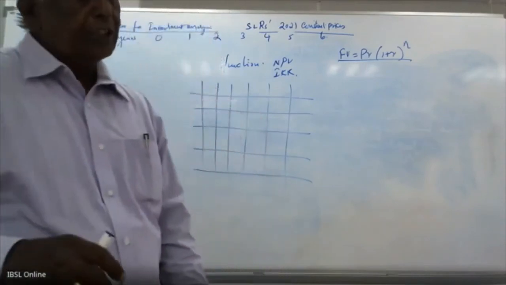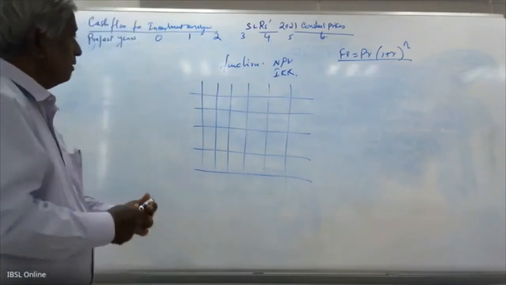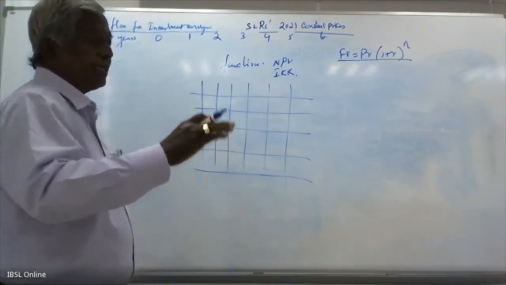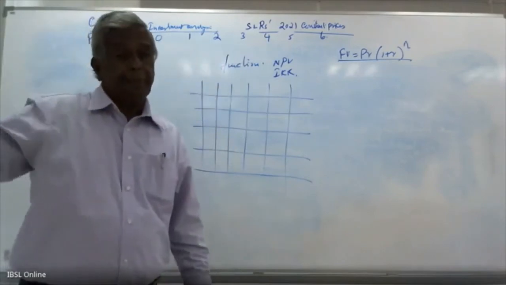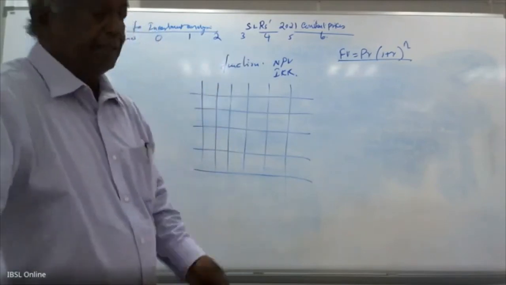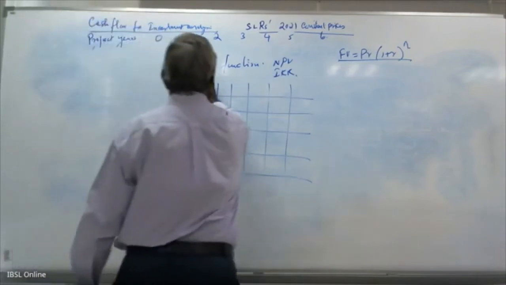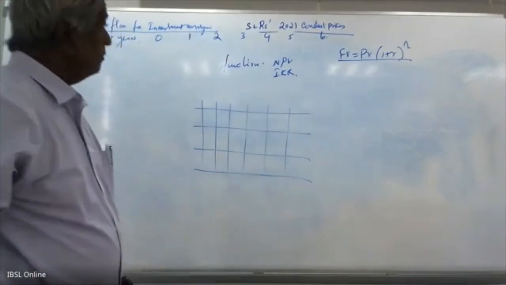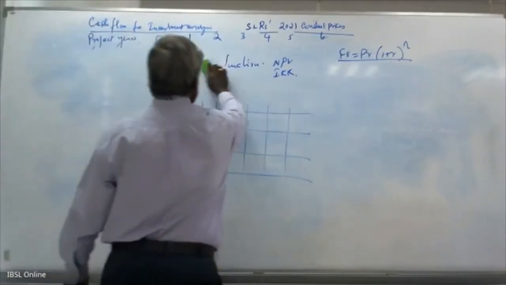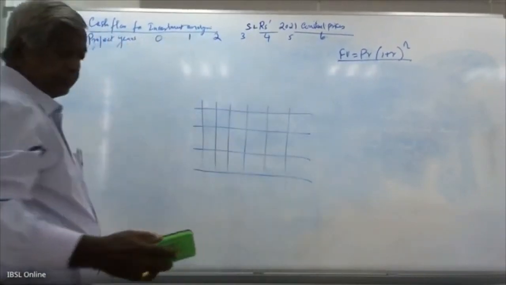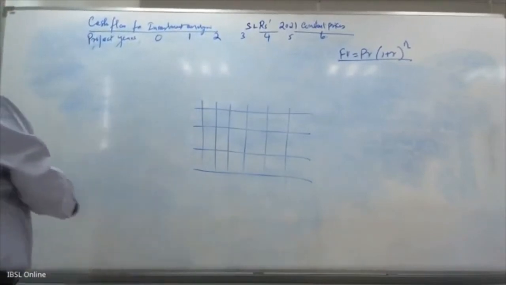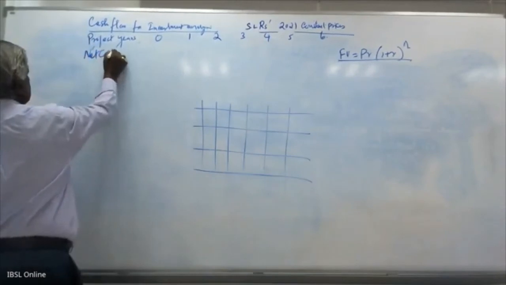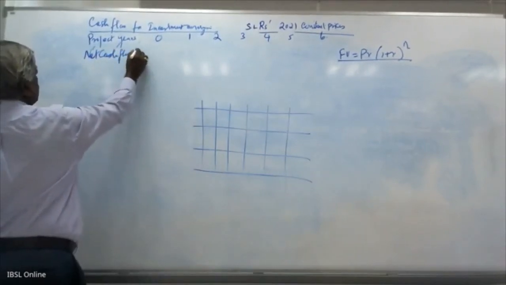For the calculation of NPV, you have to calculate the net present value from a cash flow only. The cash flow you would have done: the project years, the net cash flow from the operation.